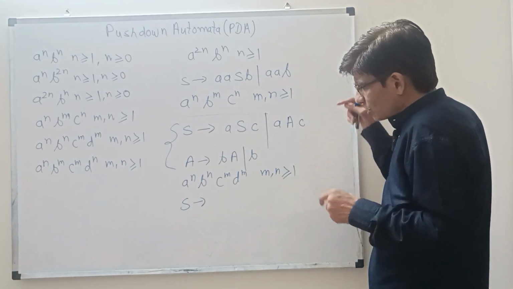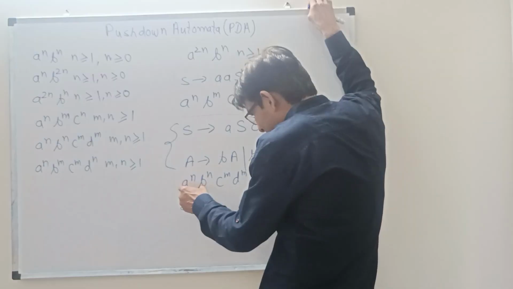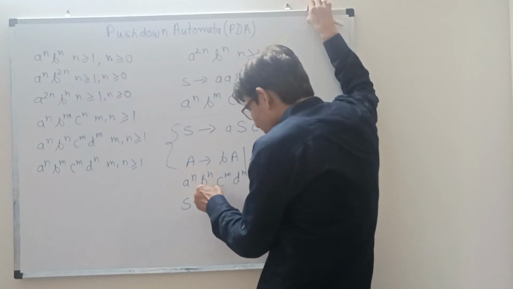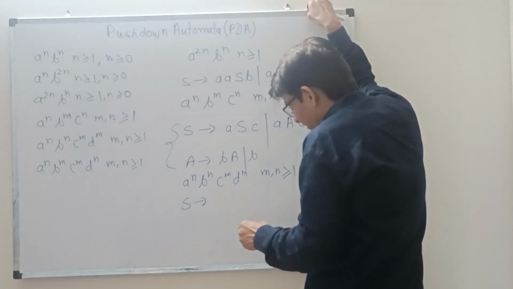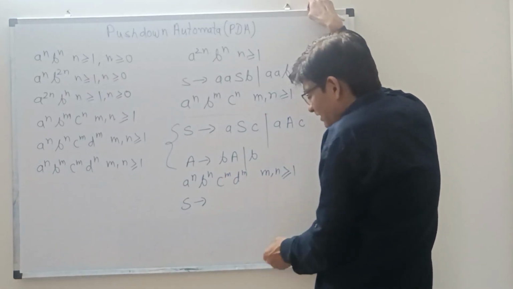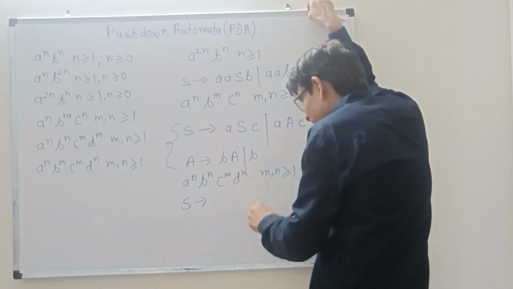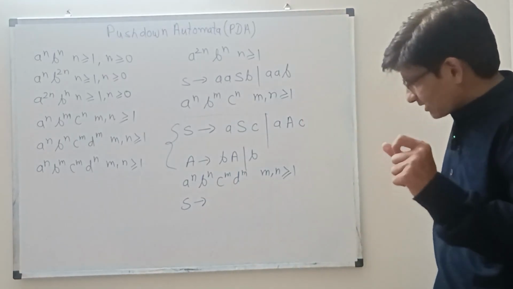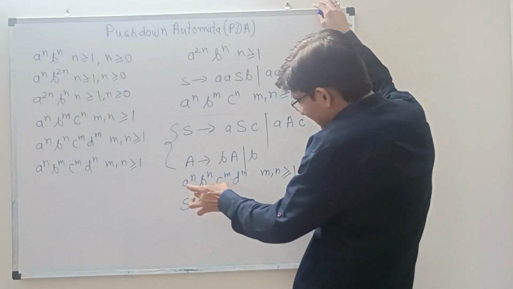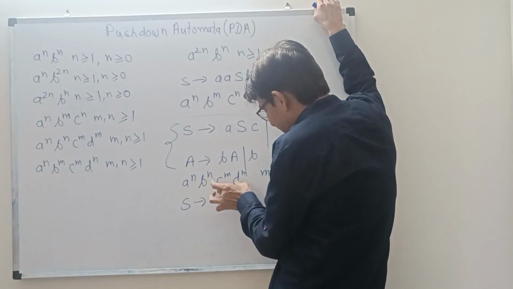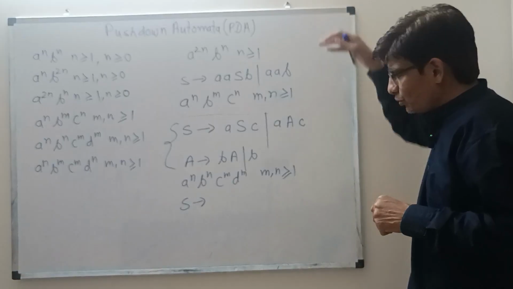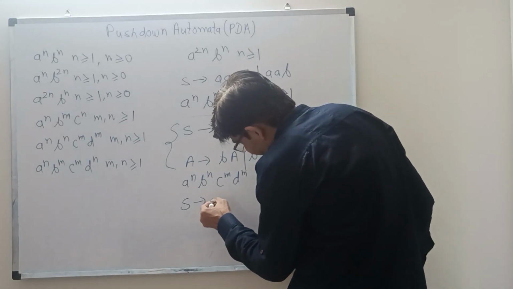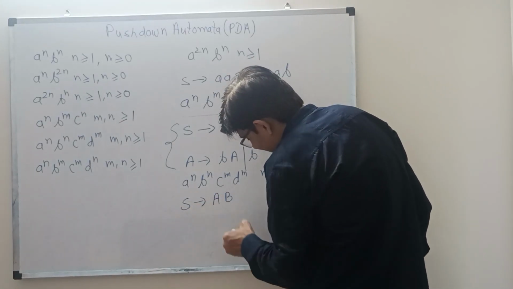So we need to make sure that when we are generating a, we must also generate b in the same production. Similarly, when we are generating c, we must also generate one d in the same production. But you can see we have a and b side by side, and c and d side by side. So what we can do here is have S gives AB like this.